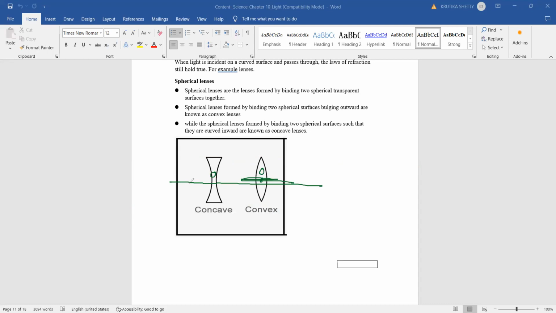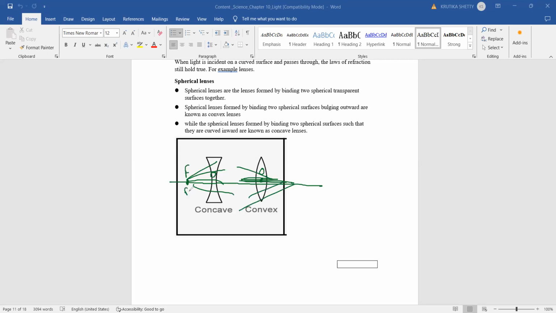And the next point is the principal focus. Again the same: the principal focus is the point on the principal axis where the light appears to diverge or the light converges. That is called the principal focus.